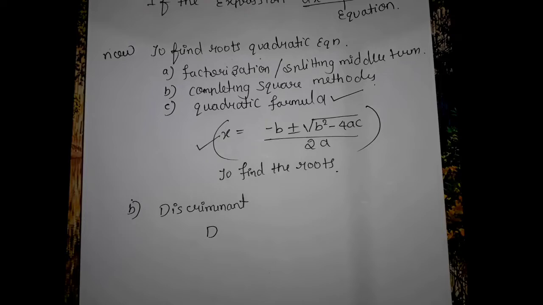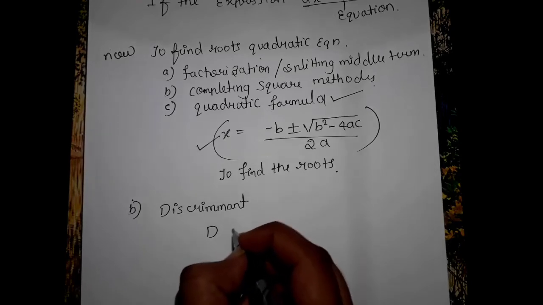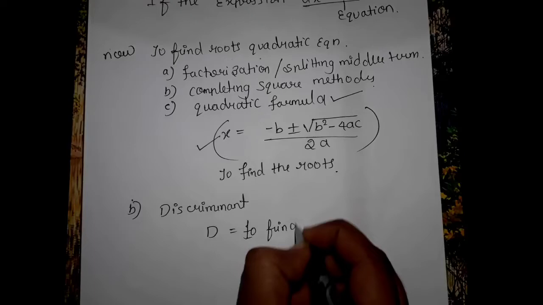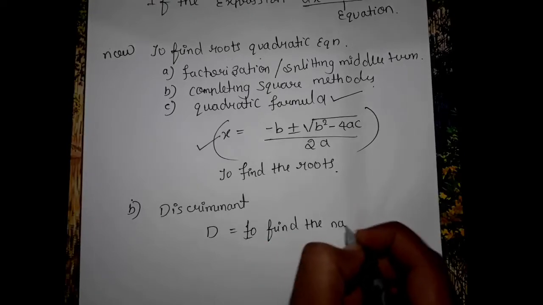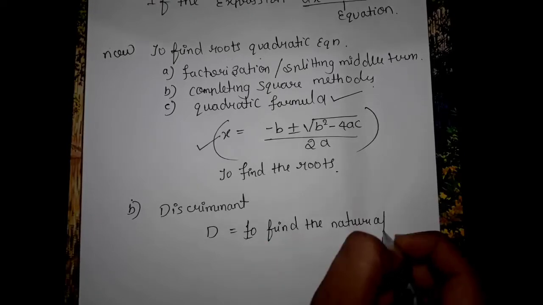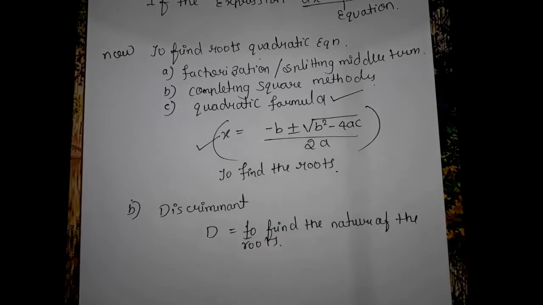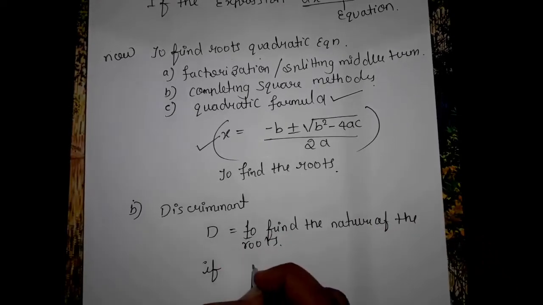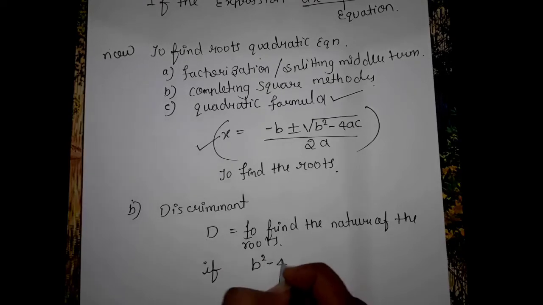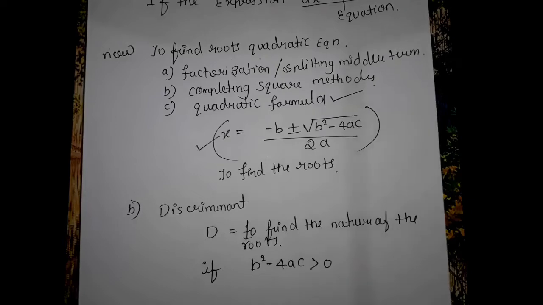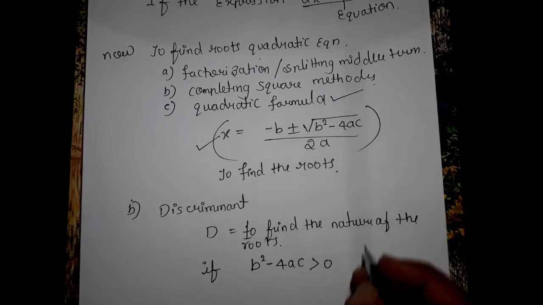This formula is used to find the nature of the roots. If b square minus 4ac is greater than 0, then the roots are distinct and real.